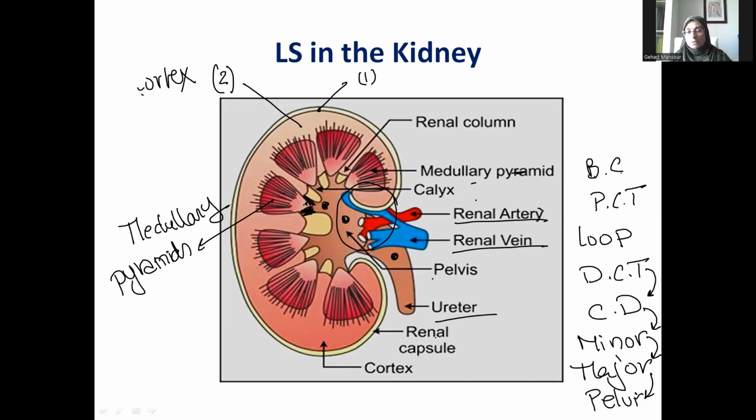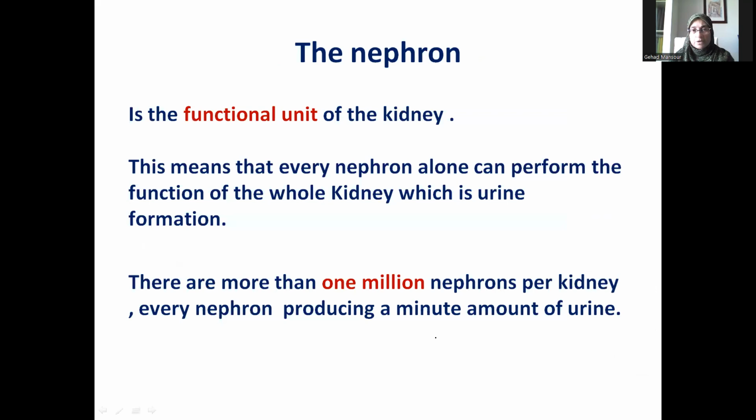So again, what is the hilum? The hilum is the inner concavity of the kidney, because it is towards the middle line. What are the three structures that originate from the hilum? You have the renal artery, the renal vein, and the ureter.